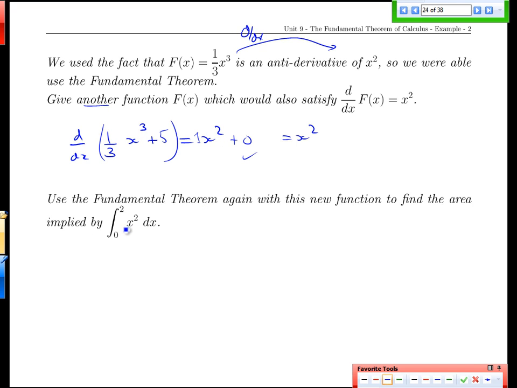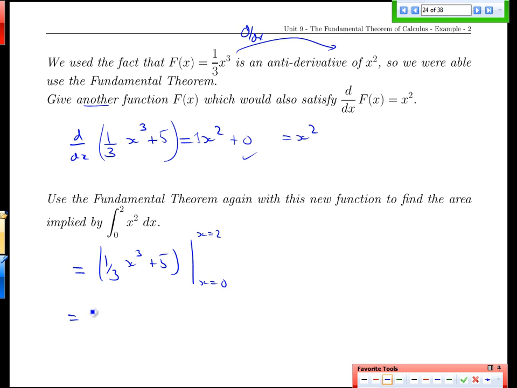However, it turns out it really doesn't matter if we add that plus 5 on the end. Let's see why. Because if we do our fundamental theorem, we're going to take the integral of x squared. We know that's going to be 1/3. Let's use this formula this time: 1/3 x cubed plus 5 evaluated at x equals 2 and 0.